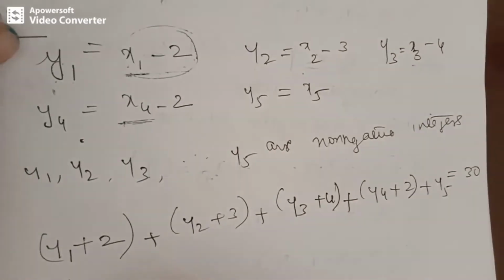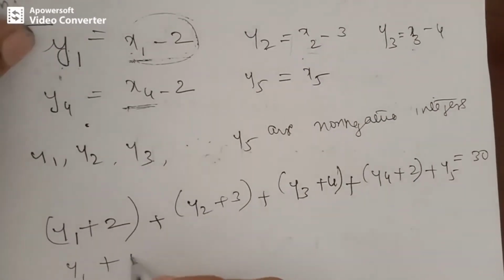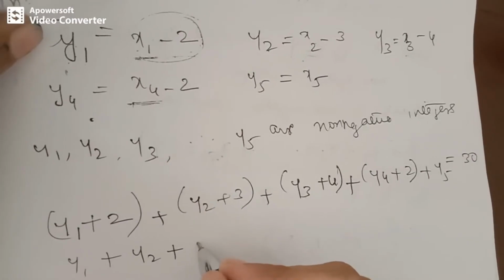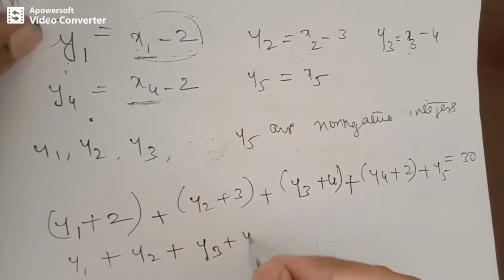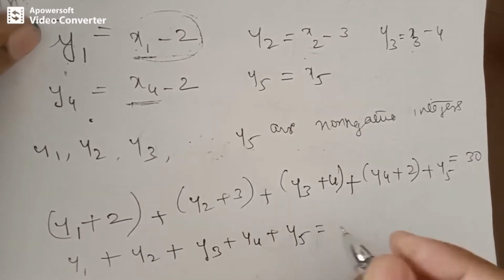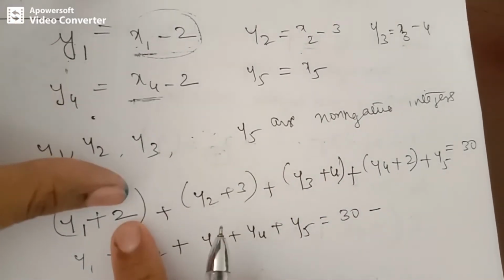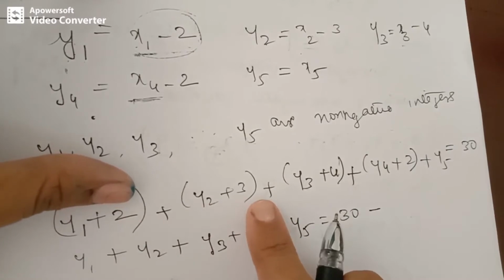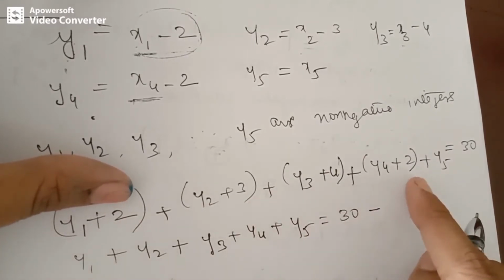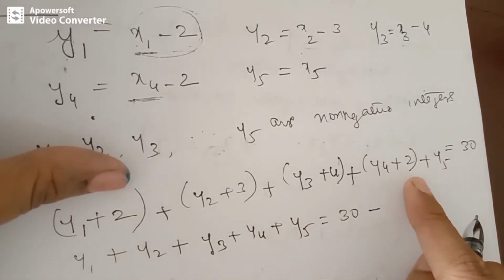So totally we will be getting y1 plus y2 plus y3 plus y4 plus y5 equals 30 minus, see, just compute, add the values: 2 plus 3 is 5, 5 plus 4 is 9, 9 plus 2 is 11. So this value will be written over here.